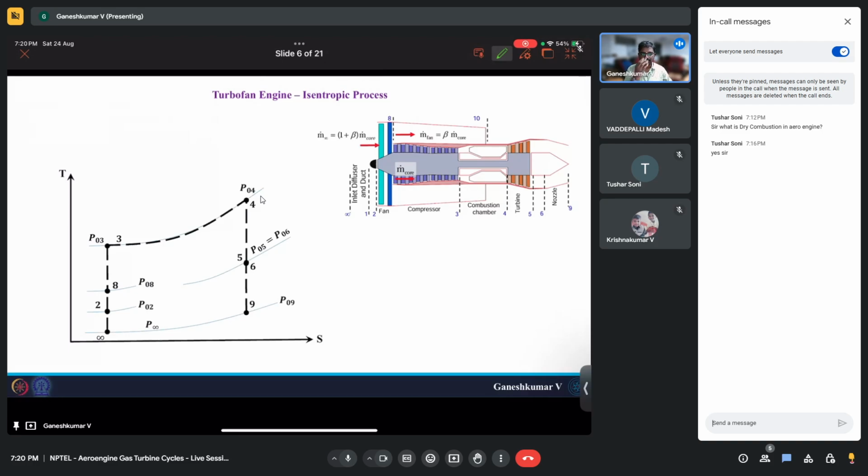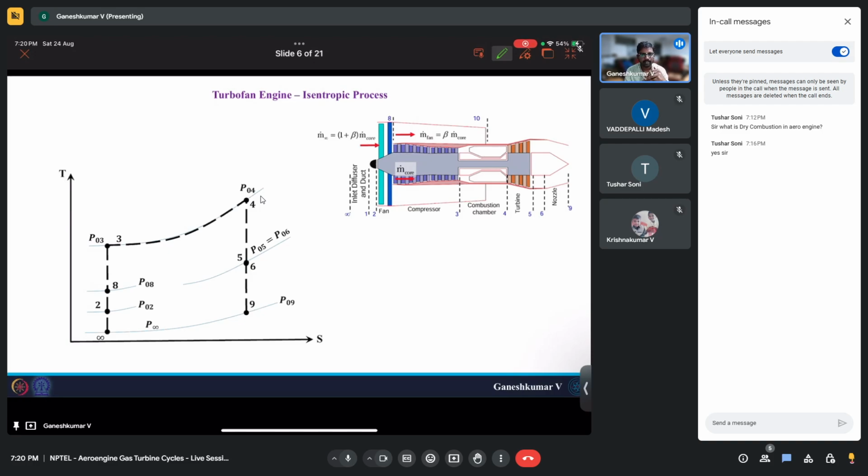The reason is, if it's in ground condition, the flight Mach number is 0, so the air which enters will have a 0 Mach number, right? So there won't be any pressure rise in the diffuser from infinity to 2.